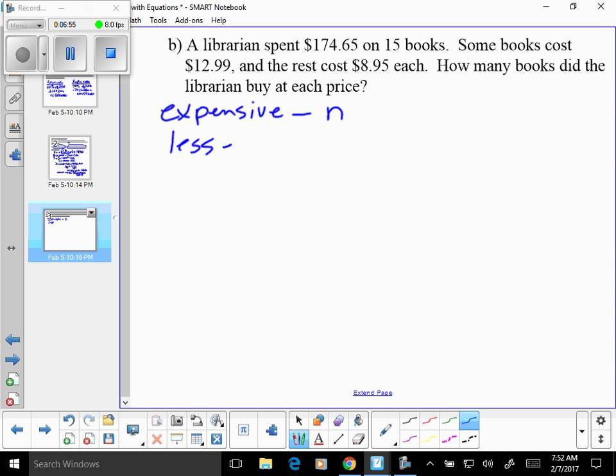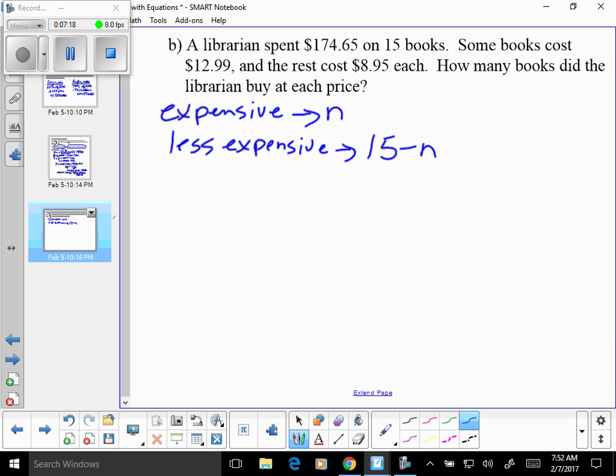Less expensive is going to be 15 minus n. We'll put arrows here so you know what it is. So the less expensive books are 15 minus n, the expensive books taken away from the total of 15.